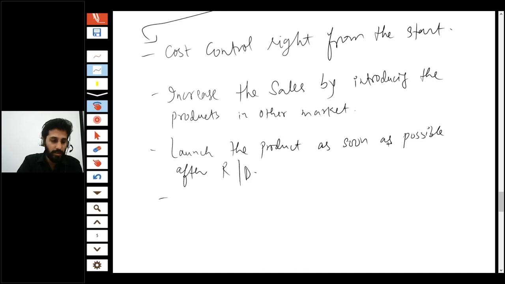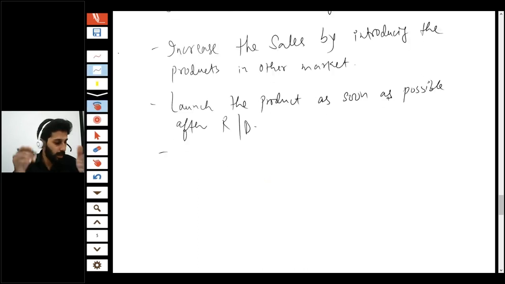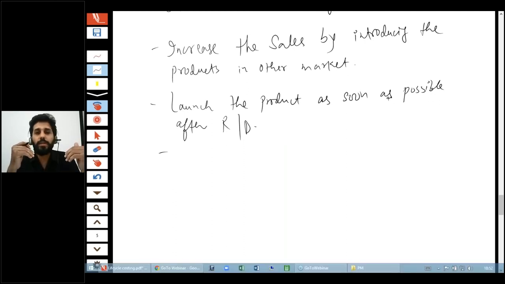And whatever the marketing technique or pricing technique you will be using, there is no argument on that. But try to achieve the break-even point as soon as possible, because there is a limited time. There's a limited life.